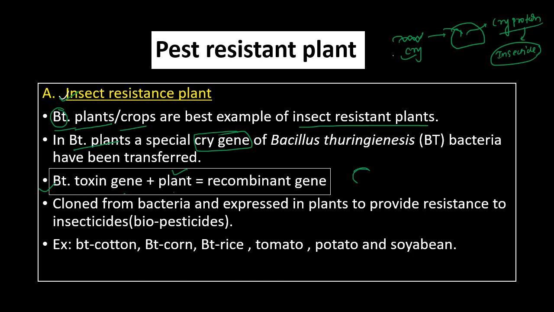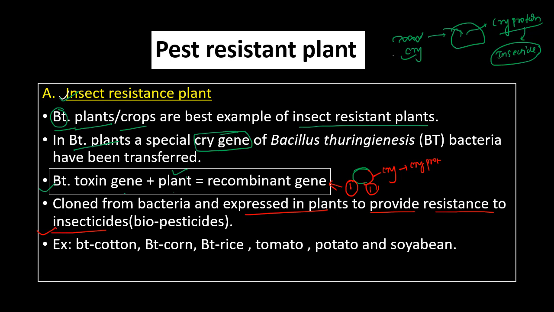This is the plant gene and this is the Bt gene or cry gene. This cry gene produces cry protein, and the combination of this gene and this gene is known as a recombinant gene. So it is cloned from bacteria and expressed in the plant to provide resistance to insects.